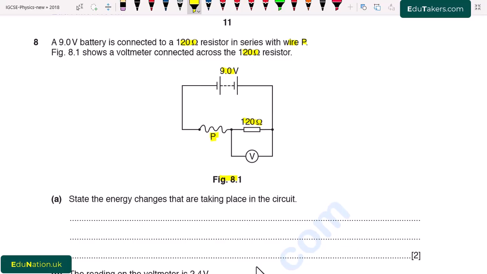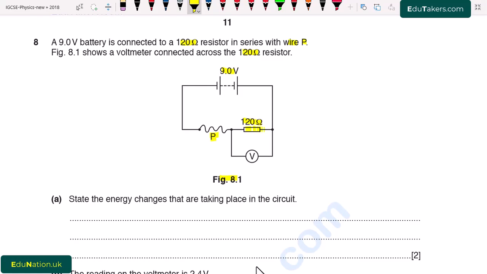Part A, state the energy changes that are taking place in the circuit. First of all, we know that in the battery there is chemical energy, and this energy is used to drive the charges across the whole circuit. This energy must change into heat energy, and this must dissipate across different components like the resistor.